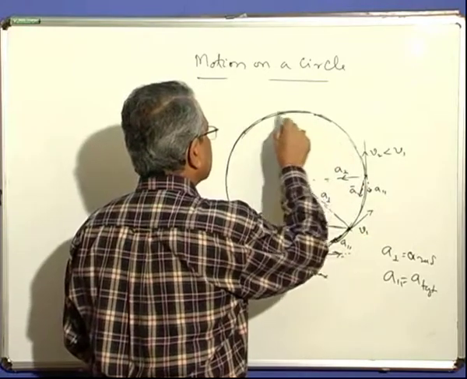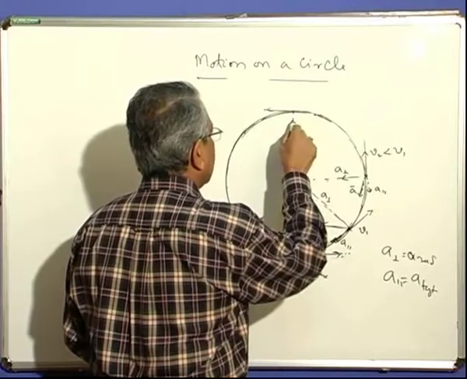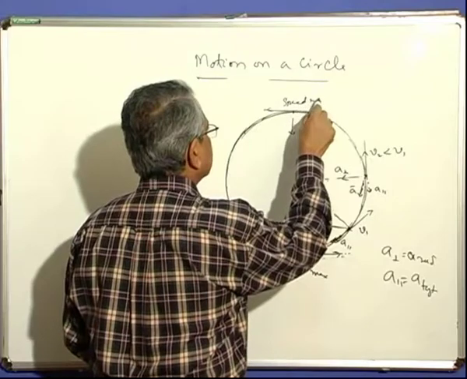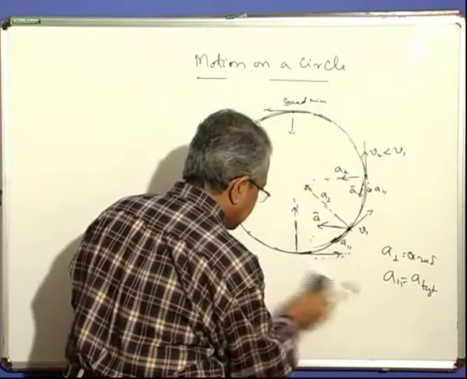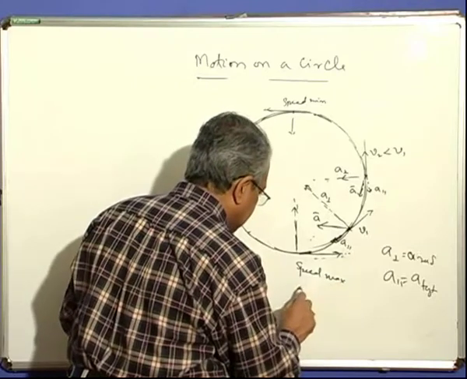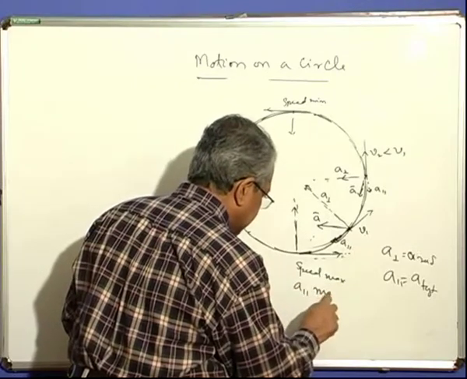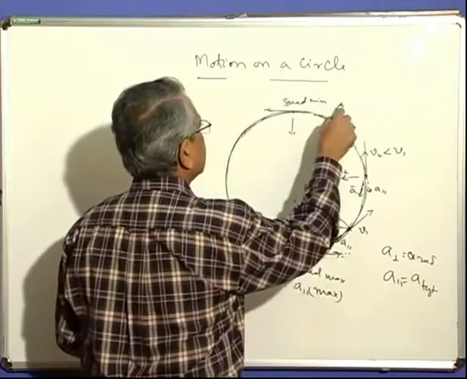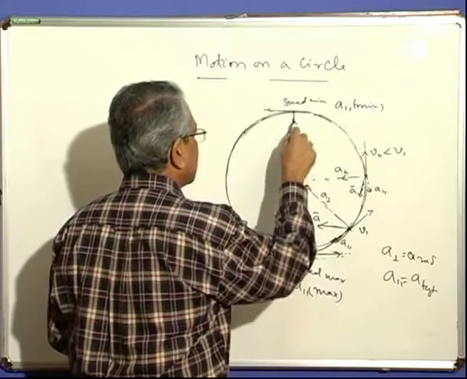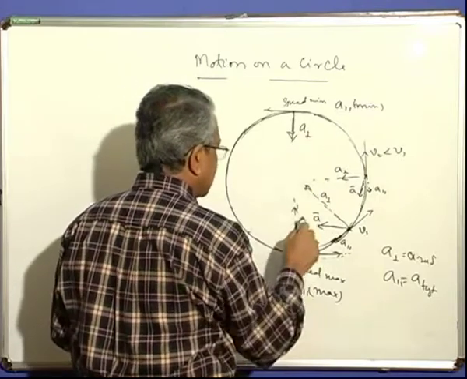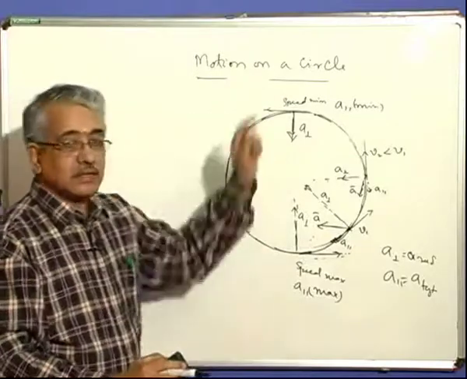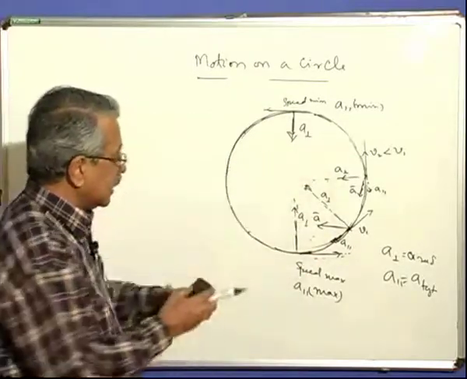So here the speed becomes minimum. Therefore A parallel component is maximum here. Here A parallel component is minimum. A normal component is the perpendicular component here also. So like this you will get two different varying accelerations as it is inclined like this.